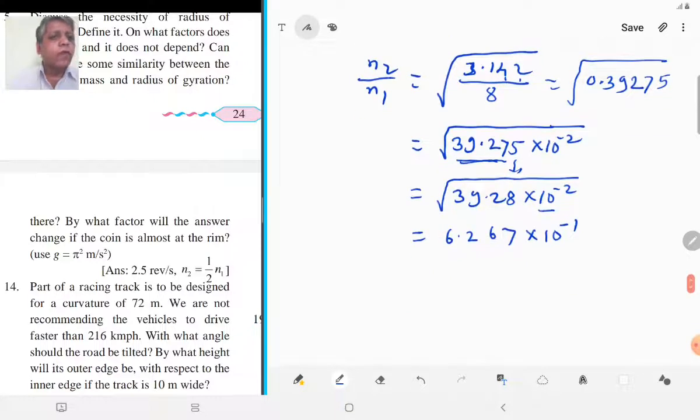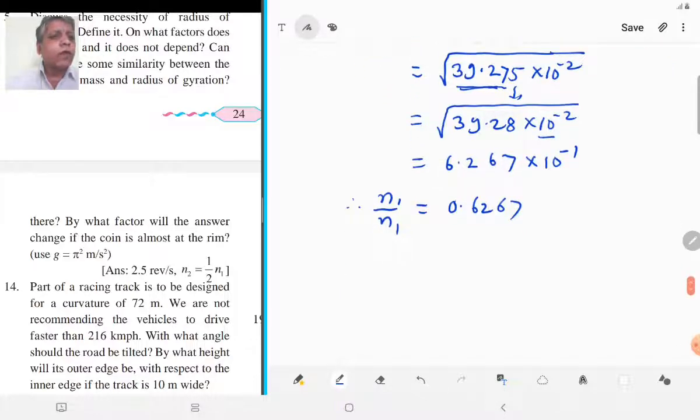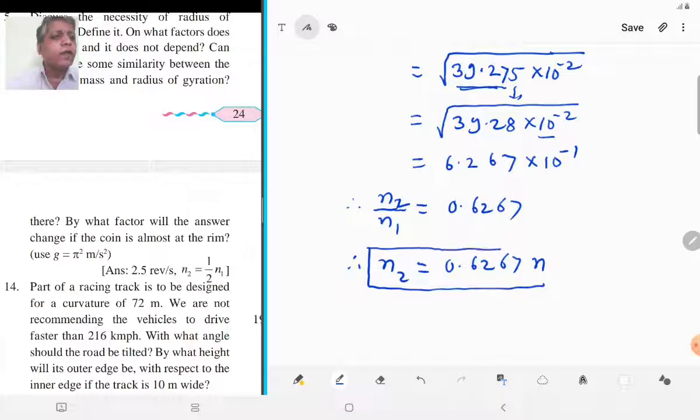Therefore N2 upon N1 is equal to 0.6267, and therefore N2 is equal to 0.6267 into N1. This is our required answer.